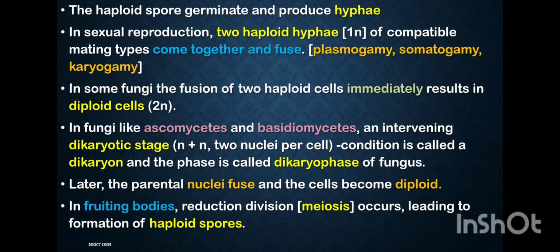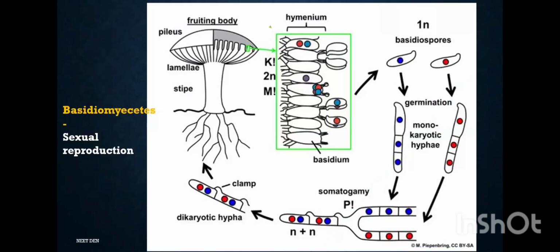So this is called the dikaryophase of fungi. Later, the two nuclei also fuse and lead to production of a diploid mother cell or zygote. And this diploid mother cell goes to the fruiting body, where it again undergoes meiosis and produces haploid spores. So this is what is shown in this diagram of sexual reproduction of a fungus, that is Basidiomycetes.